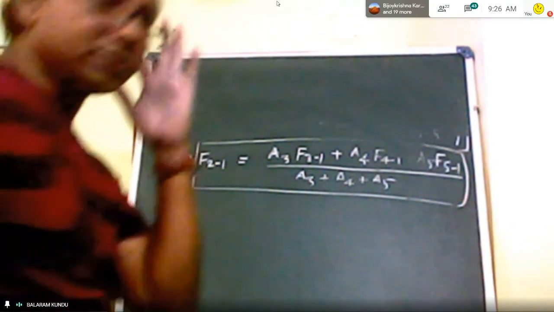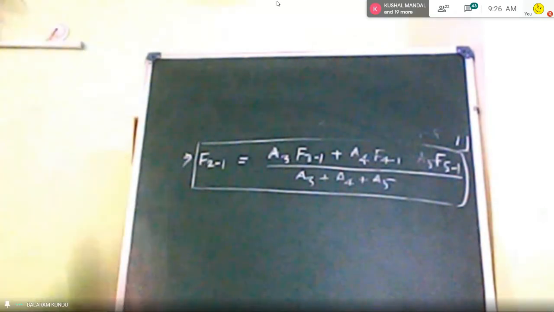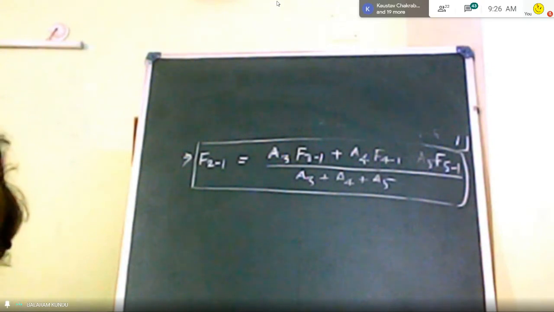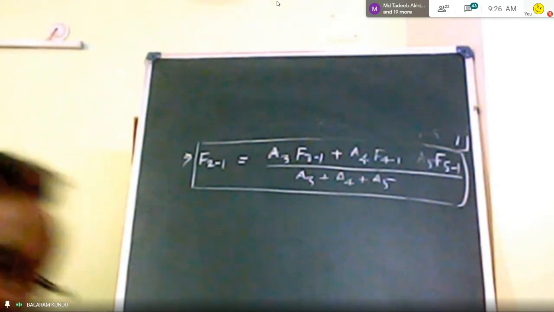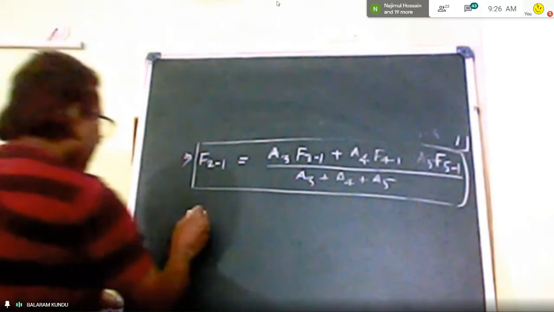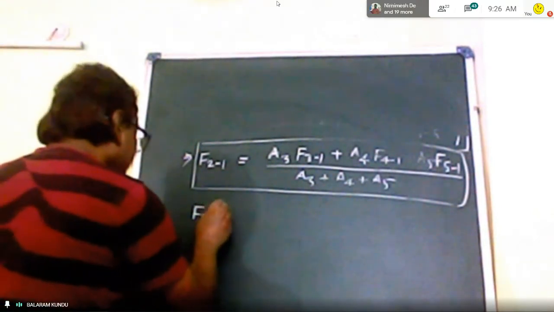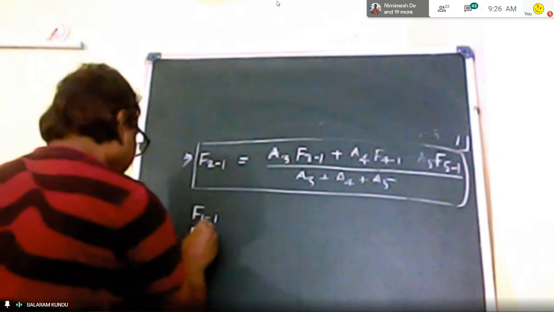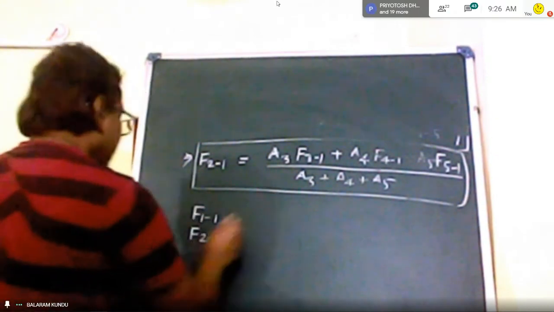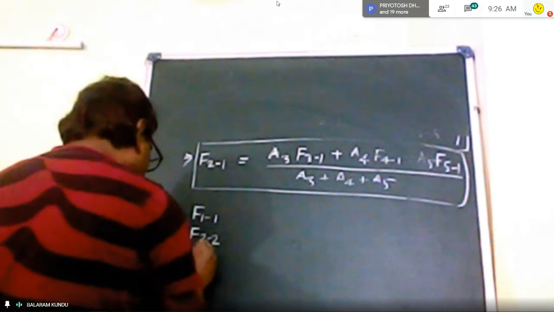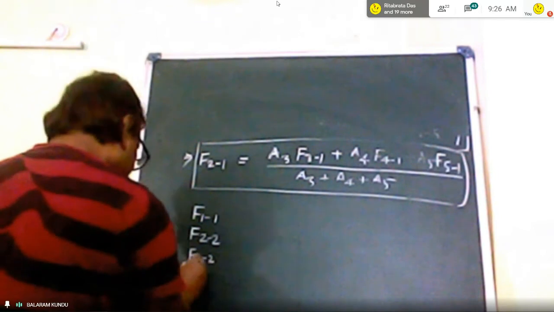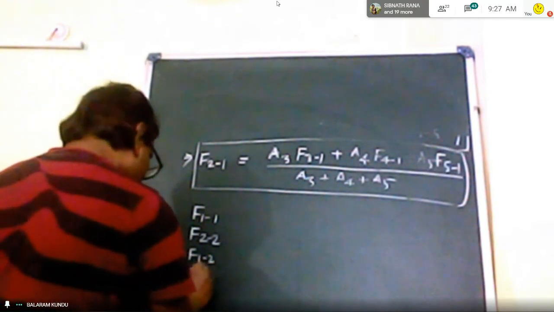If there are two surfaces, then how many shape factors? Four shape factors. So for two surfaces, the shape factors will be f of 1 1, that is one shape factor, another f of 2 2, third f of 1 2, and fourth f of 2 1.